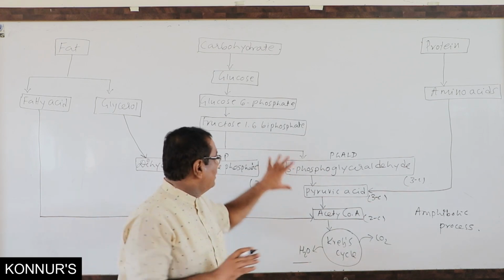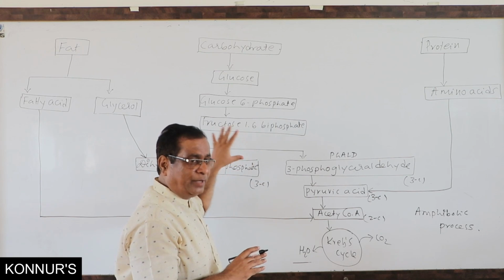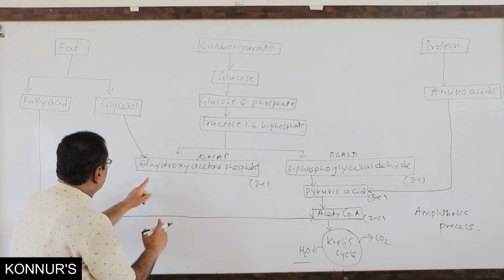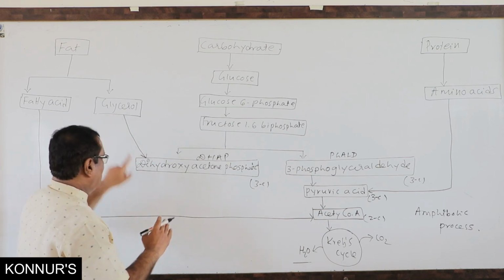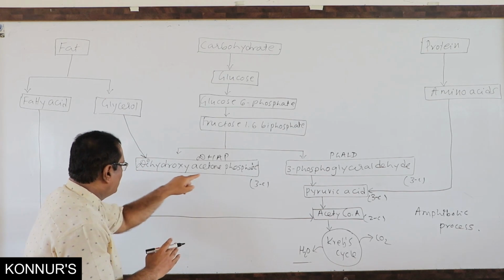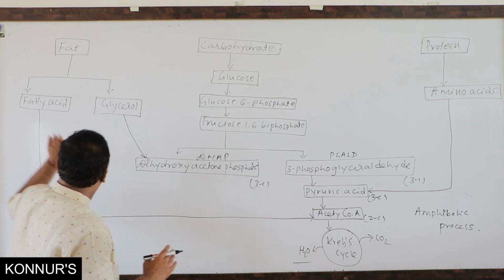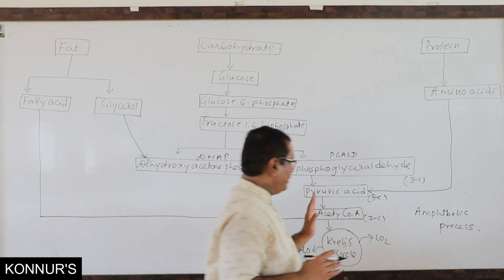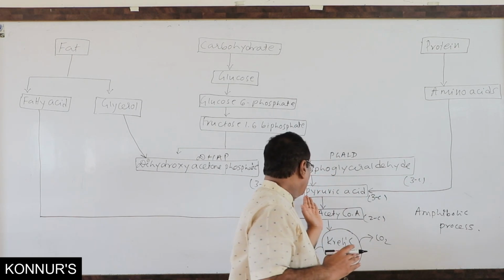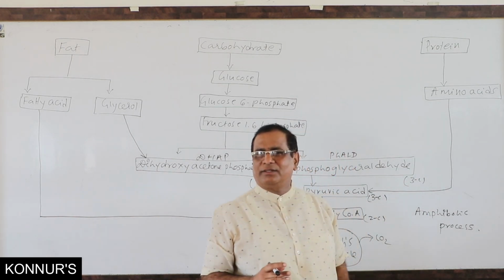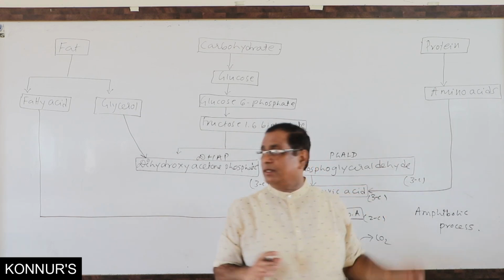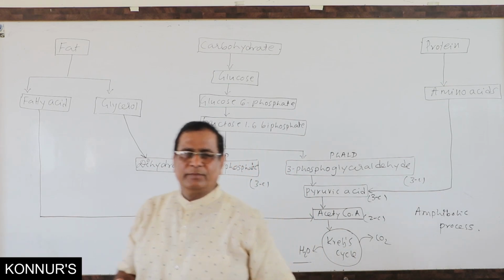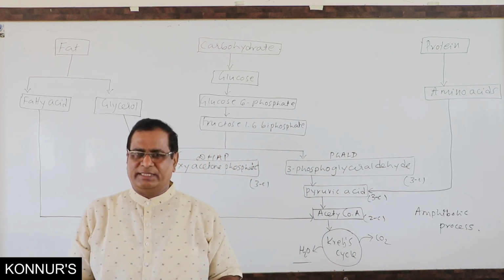Anabolic means the intermediate compounds formed in the respiratory pathway are involved in the generation of other products. Glycerol is formed from dihydroxyacetone phosphate, fatty acid is formed from acetyl coenzyme A, and amino acids are formed from pyruvic acid. Once amino acids are formed, they become protein. Once fatty acid and glycerol are formed, they form fat. That's why it is said to be an amphibolic process.